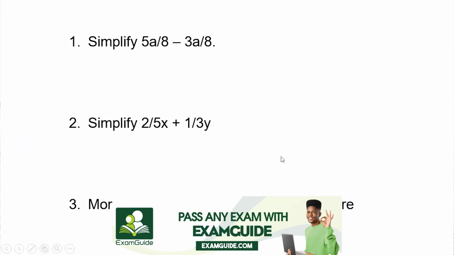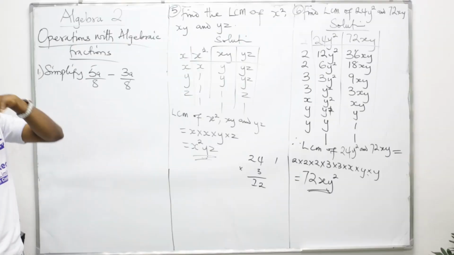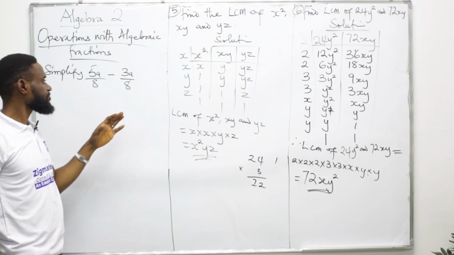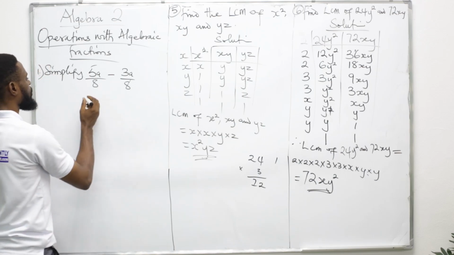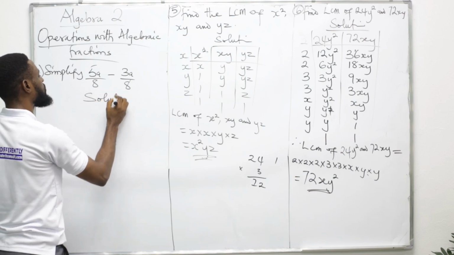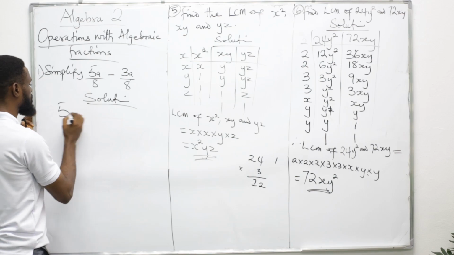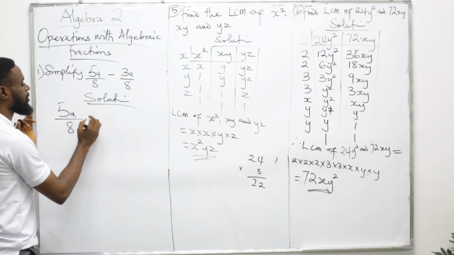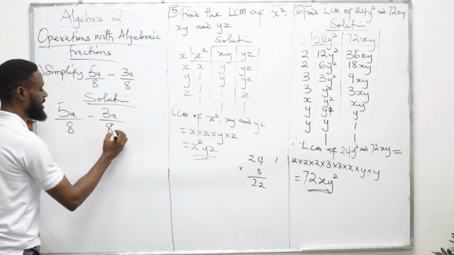This says number 1. Okay? So we say we should simplify this. This is a fraction, but it is a fraction that has an algebraic expression in it. Okay? So simple. The same way we solve fraction. Okay? 5a, bring your expression down, minus 3a over 8a.